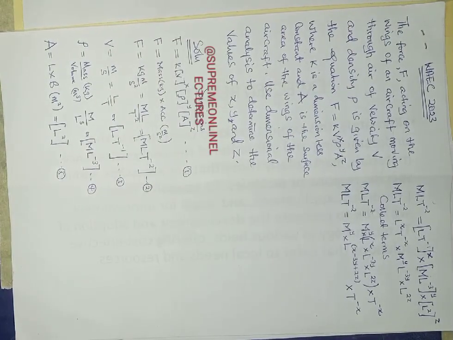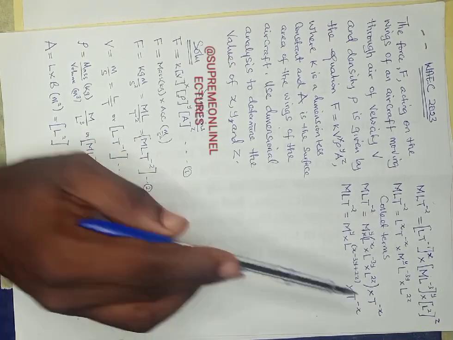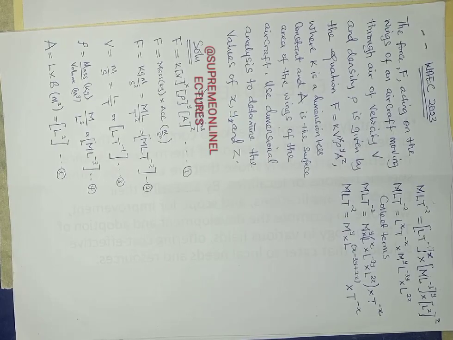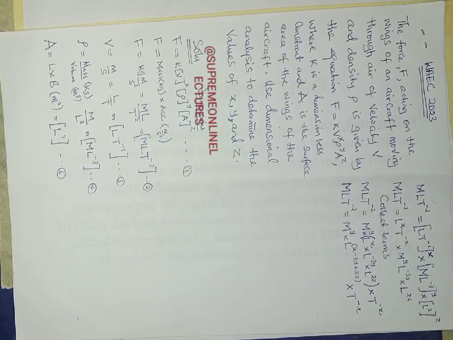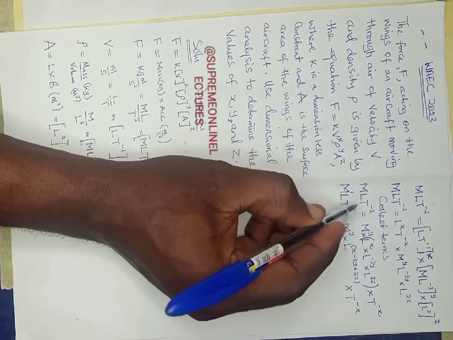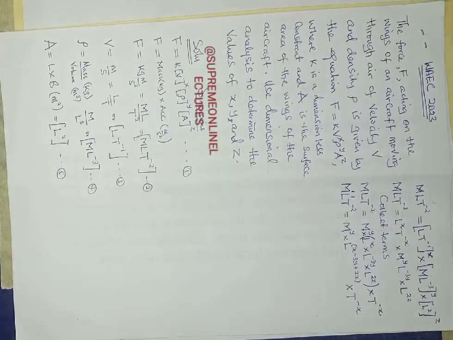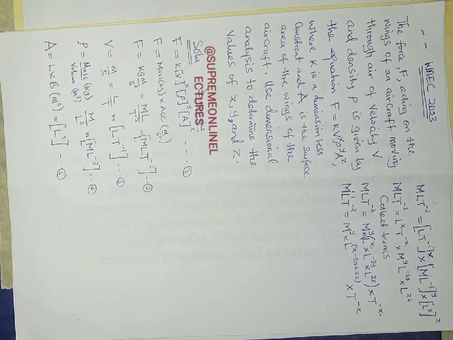Alright, we are going to compare the indices. Let me start from M. Here we have 1 and here we have 1. That's the power, and since it is 1, most times we don't write anything.